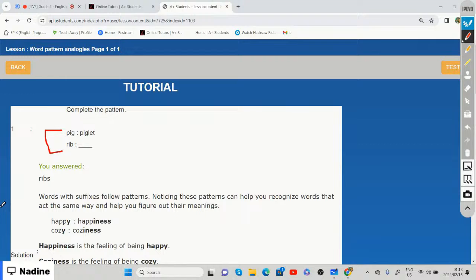So if we complete the pattern, here we have piglet. So first we have a pig. It's like we would say mommy pig, daddy pig. And then we have piglet, which is like baby pig. But now we have rib. Remember, we are following a pattern. And what you do to the one, like by suffix, we do to the other.